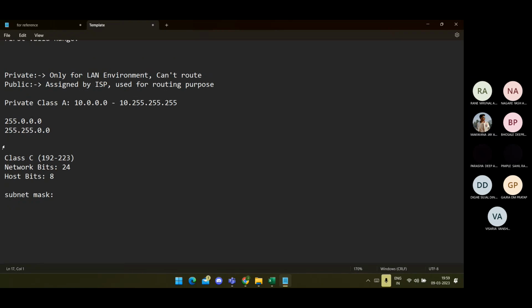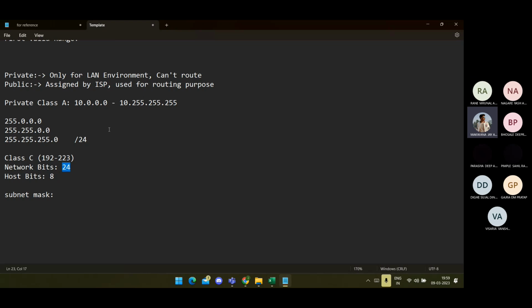Yes, 255.255.255.0. And in slash format, how can we write? Slash 32? No, it will be 24. Yes. So this depends on the number of network bits.